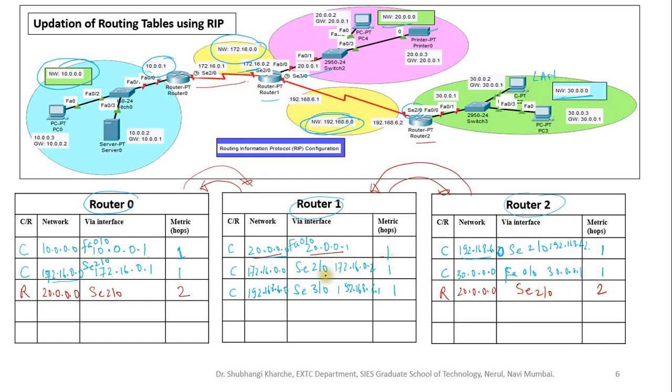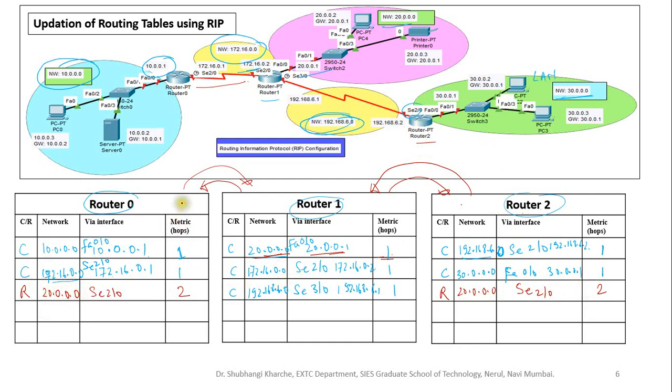It understands that if router 1 can reach the 20 dot network with a hop count of 1, and the distance between router 1 and router 2 is 1, then router 2 can reach the 20 dot network via the serial interface 2/0 with a hop count of 2.